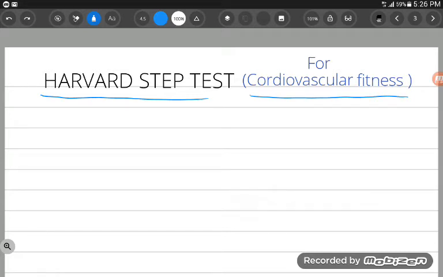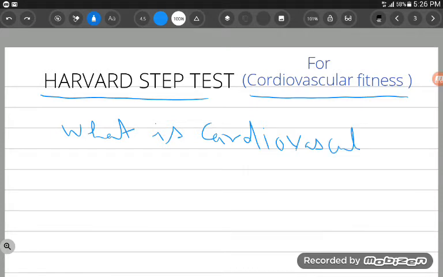Before starting the Harvard step test, children, I will discuss what is cardiovascular fitness.